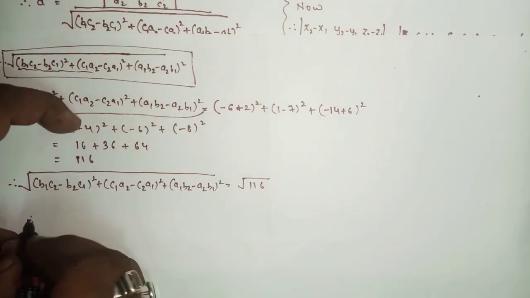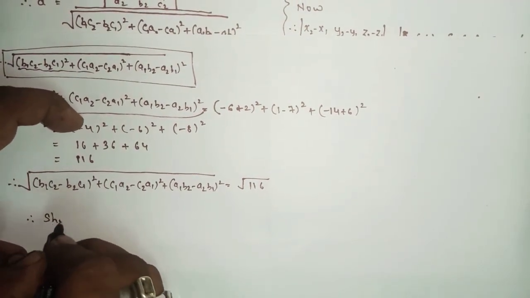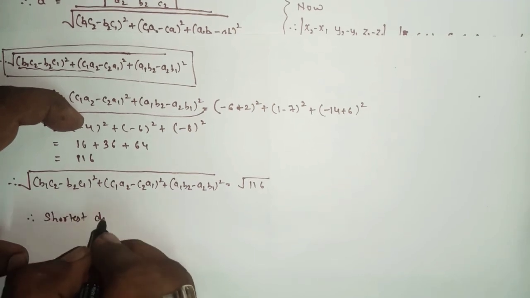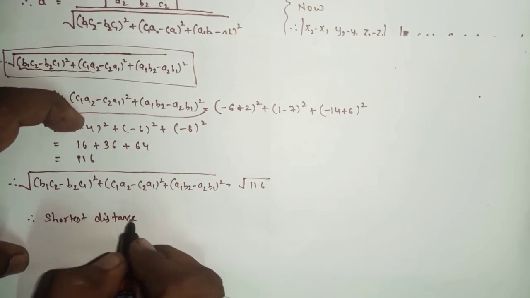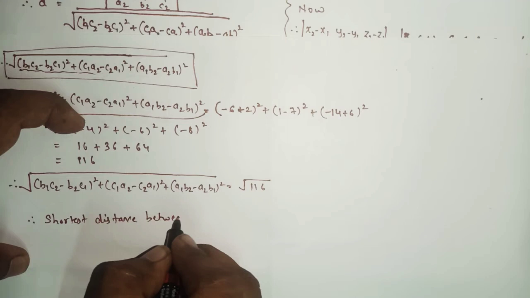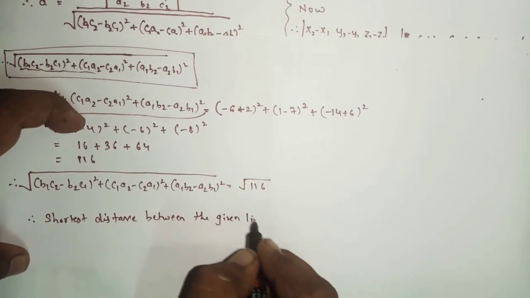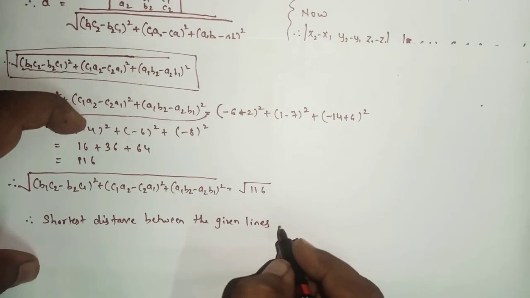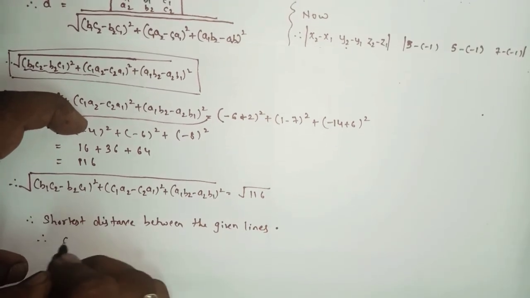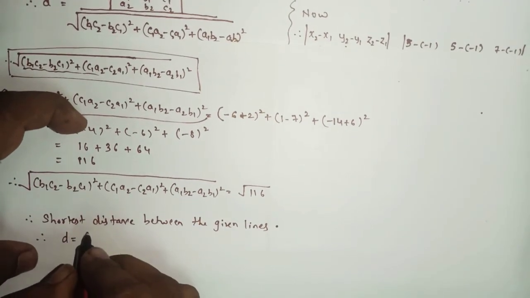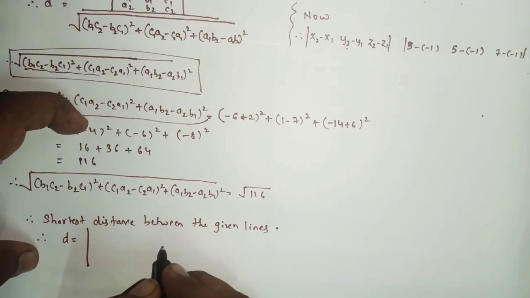So therefore the shortest distance between the given lines, that means d is equal to what, so here we have the formula, yes or no.